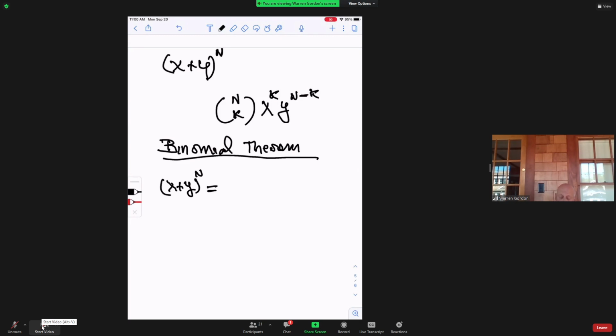The binomial theorem says x plus y to the nth power is equal to, first let me write it the following way. Oh, well, I'll write it out a couple of ways. It's equal to x to the n plus n choose 1, x to the n minus 1, y, plus n choose 2, x to the n minus 2, y squared, and so on.